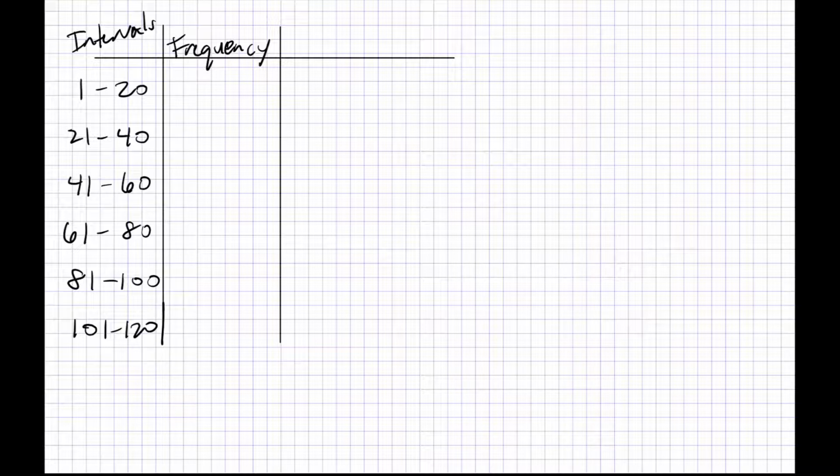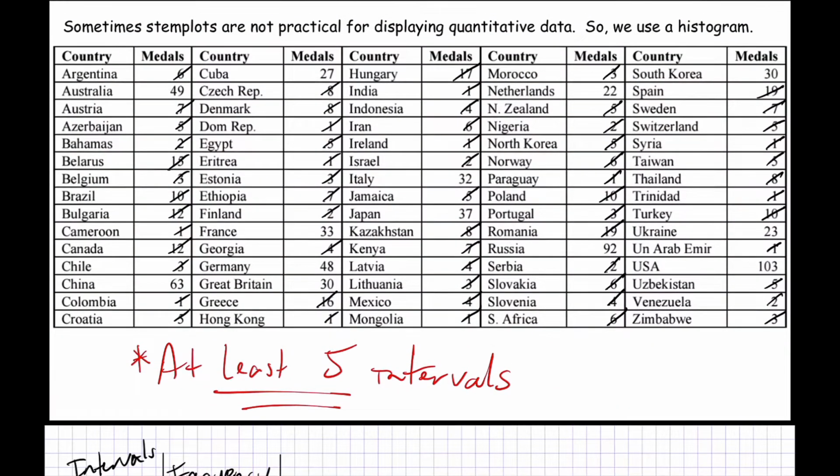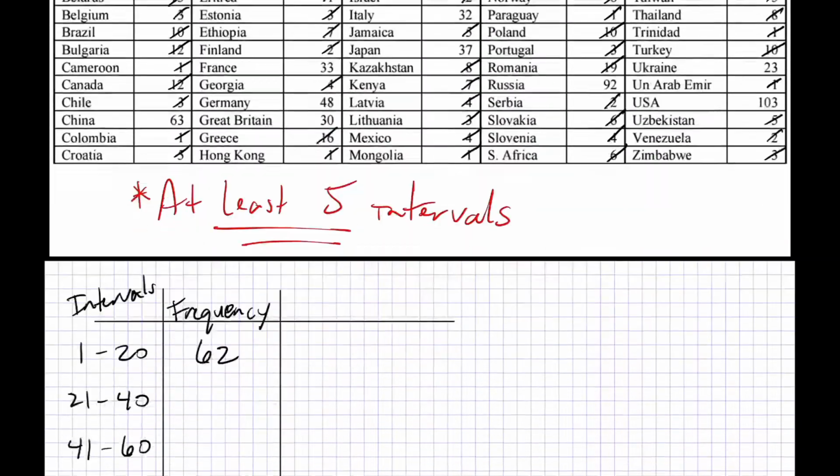Okay, so how many did you guys come up with? Yeah, that's what I came up with too. 62. Okay. So now we're going to do the same thing for 21 to 40. It's a lot less because most of them were in the first one. So what do we got this one?